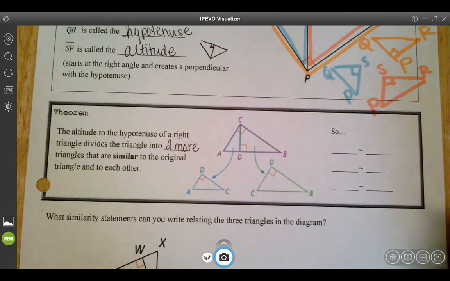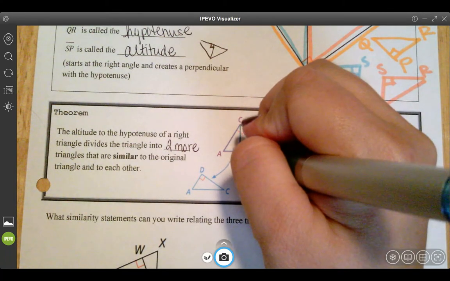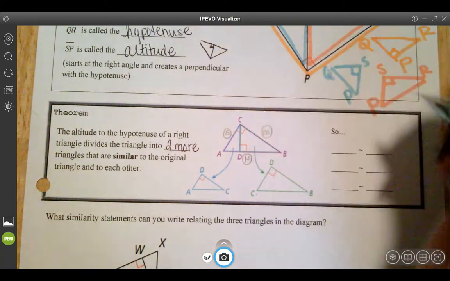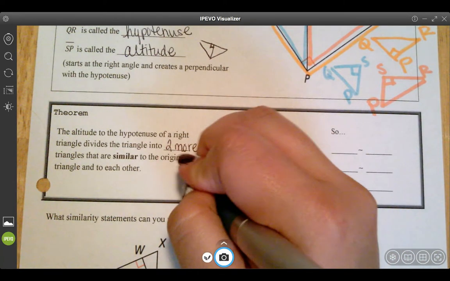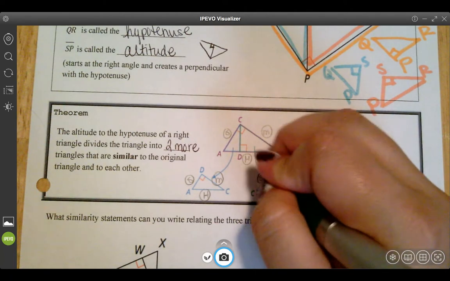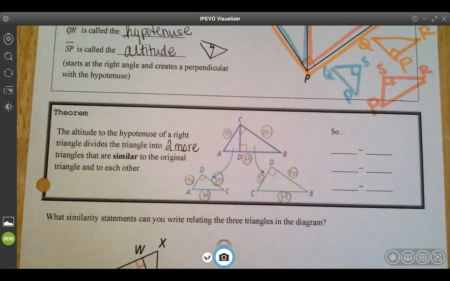So how do we name these? Well, I actually like to take a pencil and write, here's my hypotenuse, small side, medium side, hypotenuse, small side, medium side, hypotenuse, small side, medium side. And that's, again, going to help us make sure that we are naming these in an appropriate order.